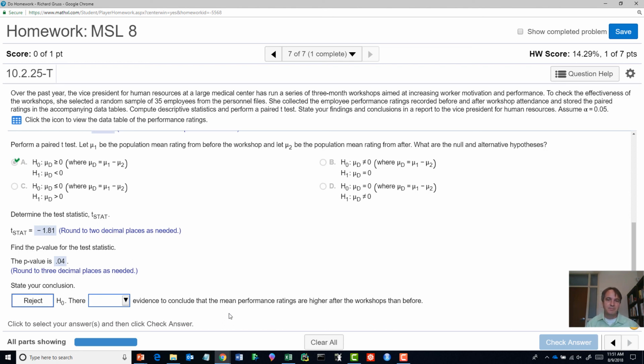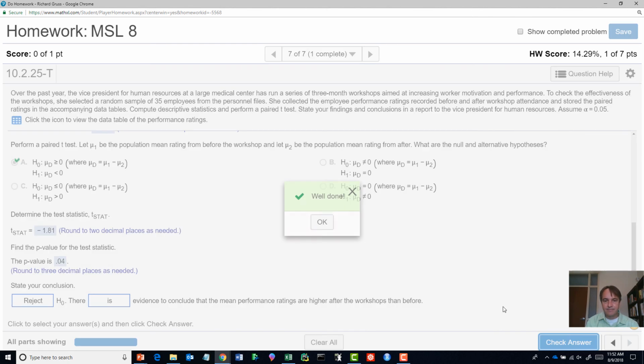Which means that mu1 is, well, I'm getting all turned around here. So if we're going to reject the fact that mu1 is greater than or equal to mu2, that means that mu1 is less than mu2. So what we're saying is that there is sufficient evidence to conclude that the mean performance ratings are higher after the workshop than before. Okay, so there is evidence.